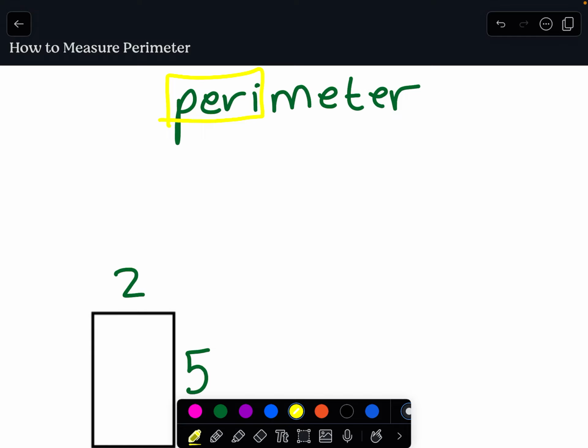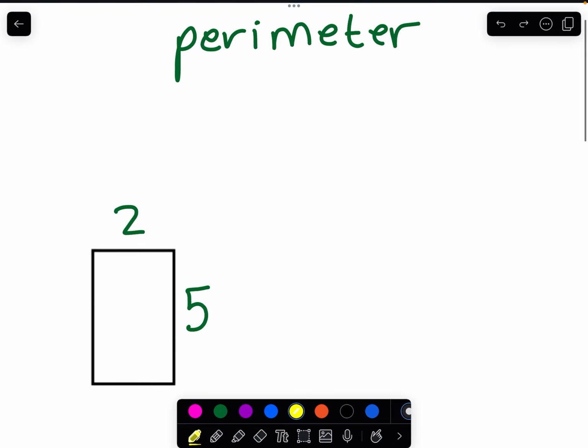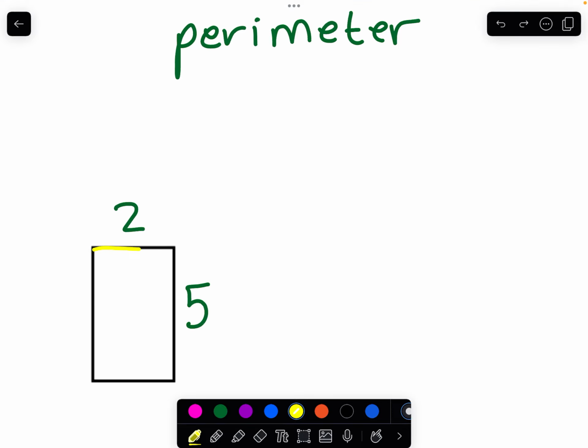And that might help you remember what we mean when we are measuring perimeter, because what we are doing is measuring the length of the sides of a shape, or the distance around. And that really is what perimeter is.